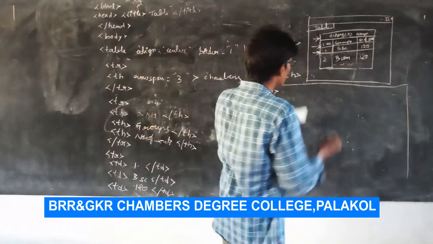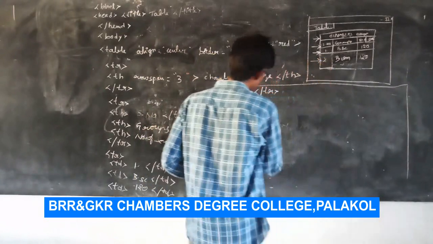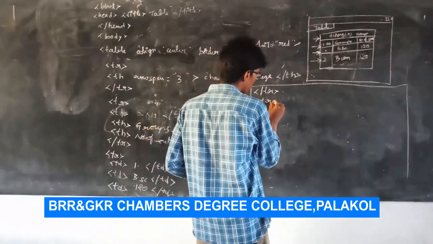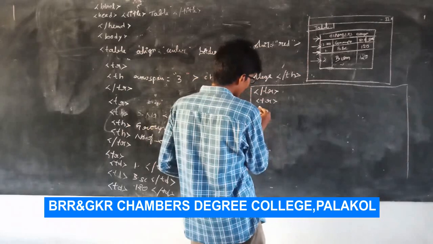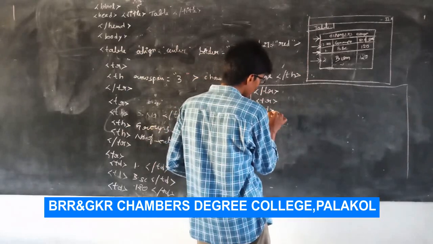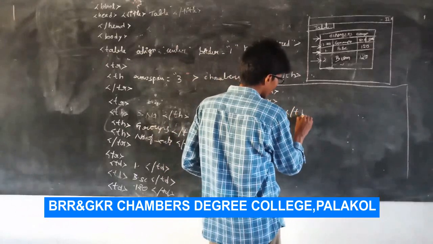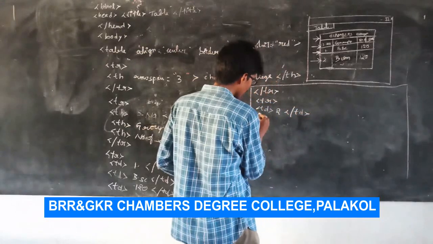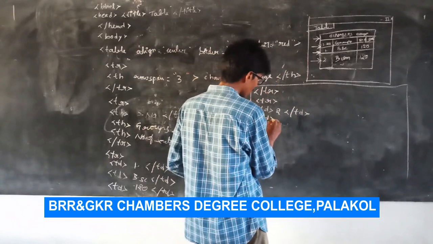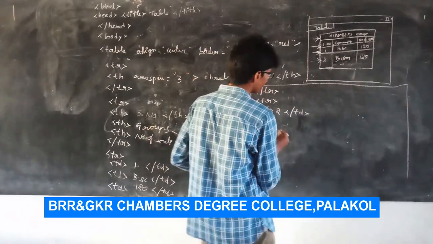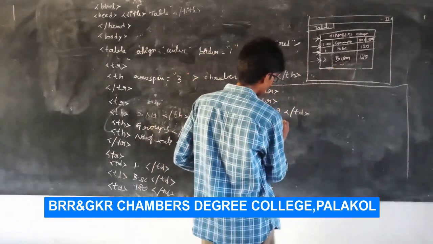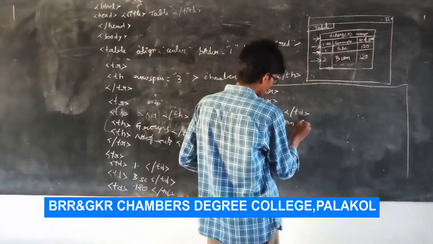After that, another row is there, so you have to open the table row. In that table row, again there are table data values, that is 2. Then close the table data. After that, another table data value.